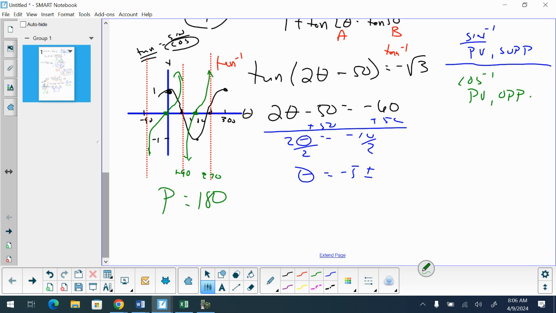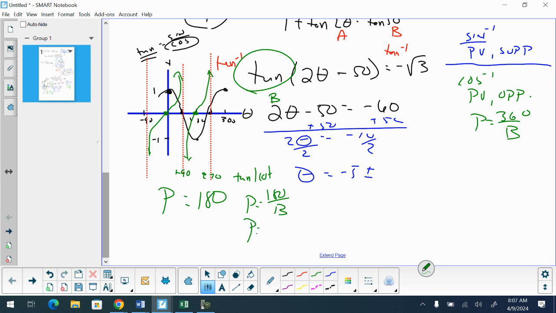So the period for tangent, when we had sine and cosine, the period was 360 divided by b. When I talk about tangent and cotangent, the period is going to be 180 divided by our b value. Well, our b value is a value of 2.